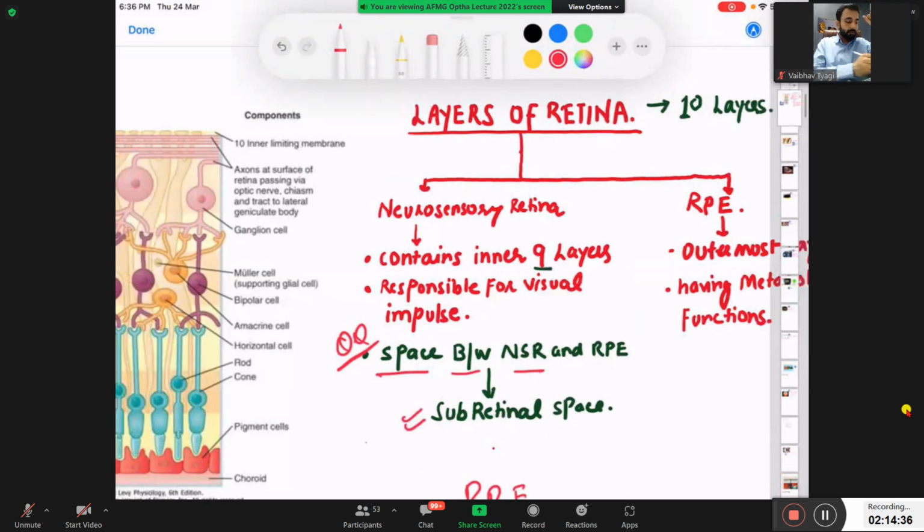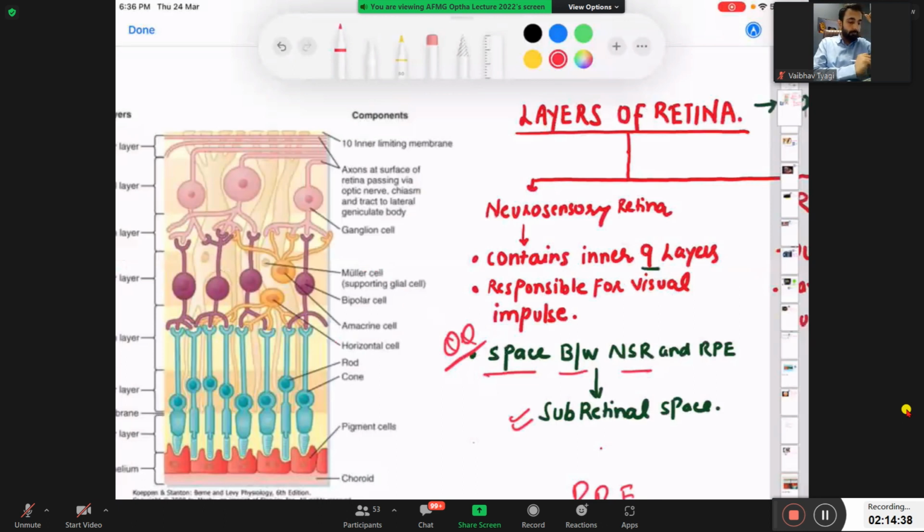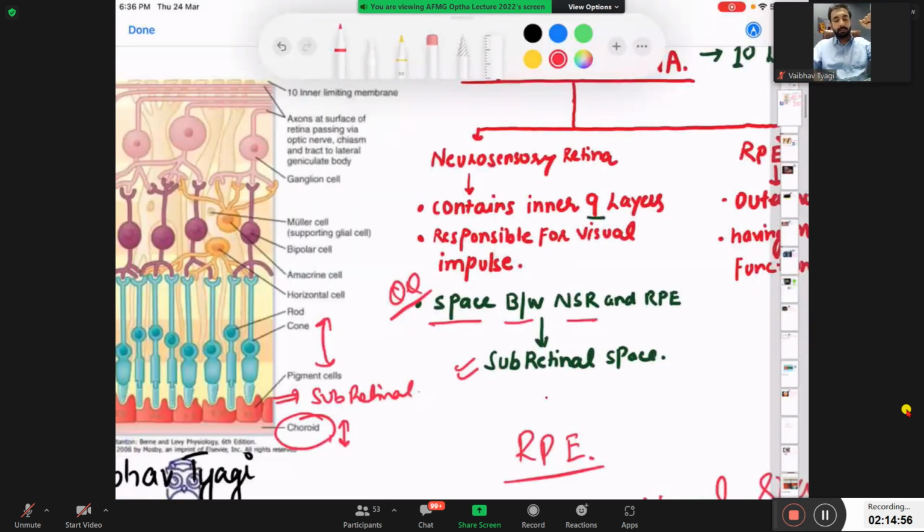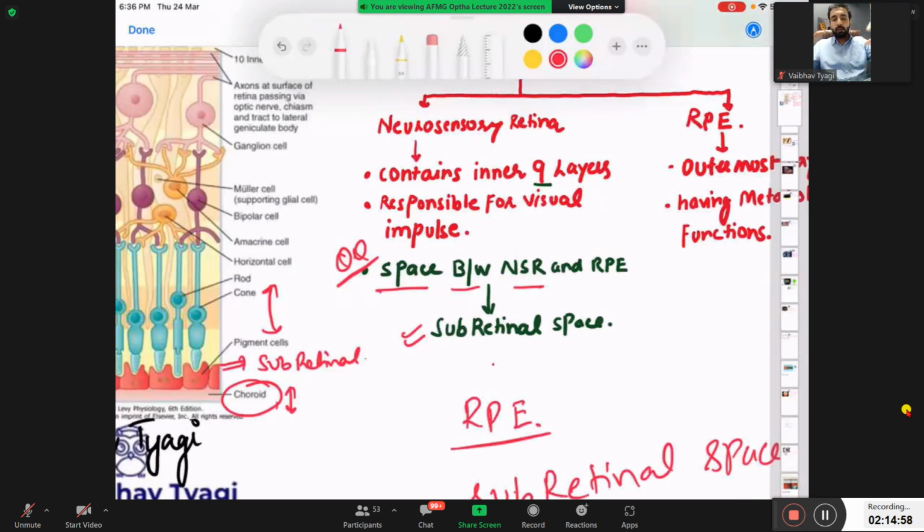Clear? So this is the diagram. This is the outermost layer which is called pigment epithelium. Behind the pigment epithelium, choroid is present, right? So somewhere here is the subretinal space between the rest of the 9 layers and your RPE. Clear? Understood this one? Concept is clear of subretinal space.